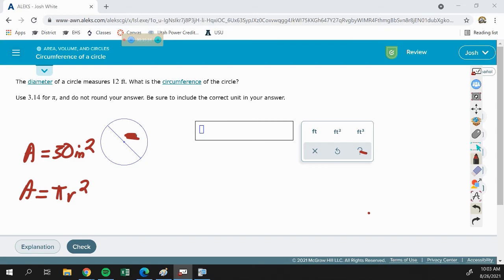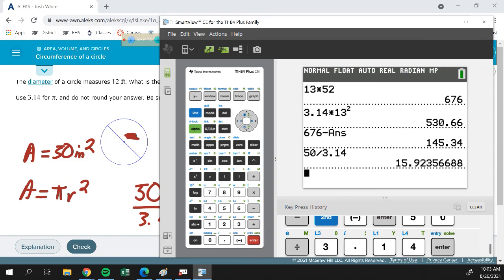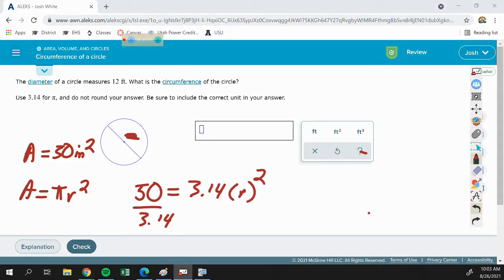So if I said 50 is equal to 3.14 times r squared, how would I get r by itself? Divide by 3.14, which I can do. So 50 divided by 3.14. And I now have 15.9 is equal to r squared.